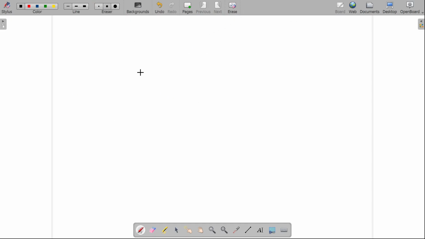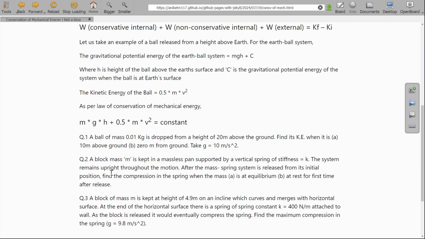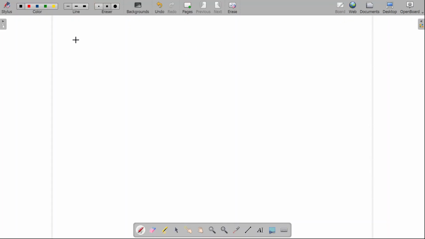So the first question is we have a block of mass 10 grams. It is dropped from a height of 20 meters. Find its kinetic energy just before it hits the ground and 10 meters above the ground. So we know that initial potential energy plus initial kinetic energy is equal to final potential energy plus final kinetic energy.